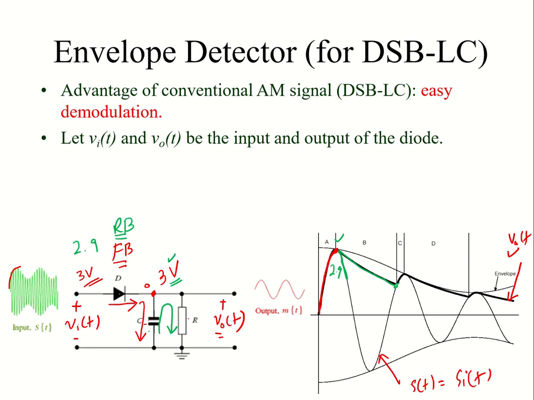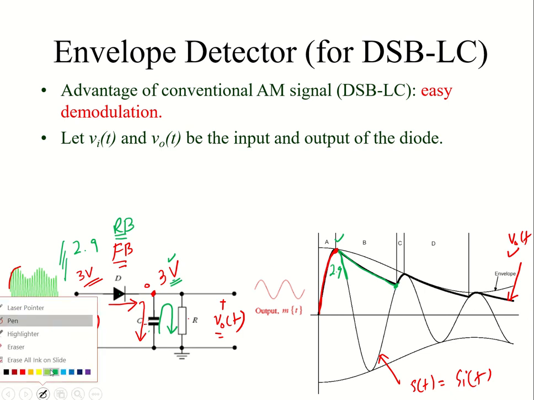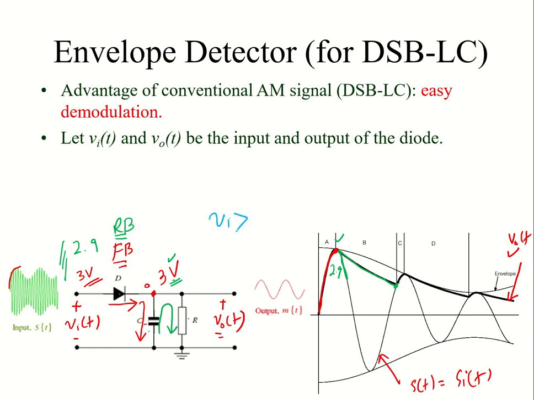Again, the input voltage was decreasing, and here you have roughly constant 3 volt, which is also decreasing a little bit. Once the input voltage becomes greater than your output voltage, the capacitor will start charging again. Then this is repeated: discharging, charging, discharging.